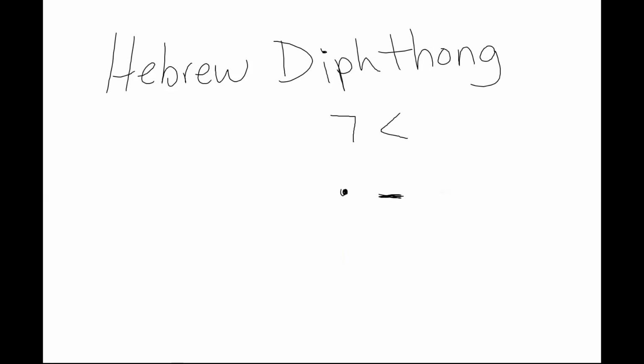Now, I want to show you something. This is just one example, but there's the word Shamayim. Shamayim means heaven or skies, right? And then Bayit means house, right? So let's erase this.